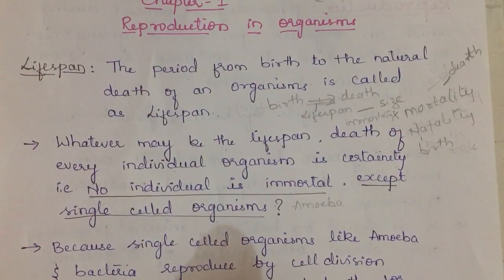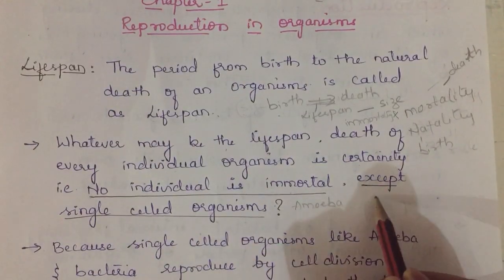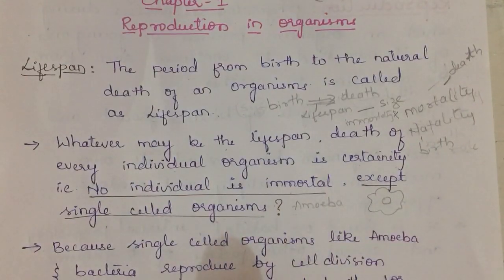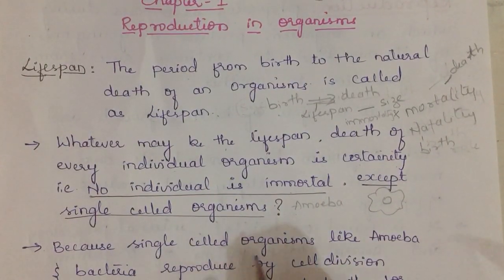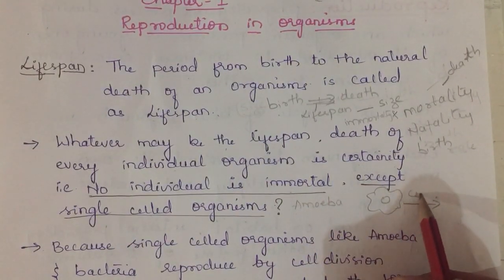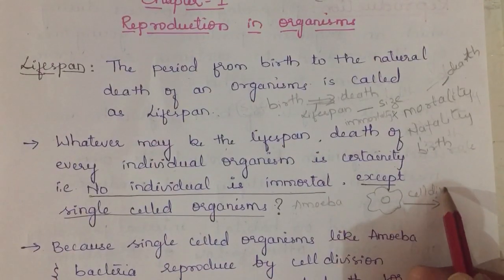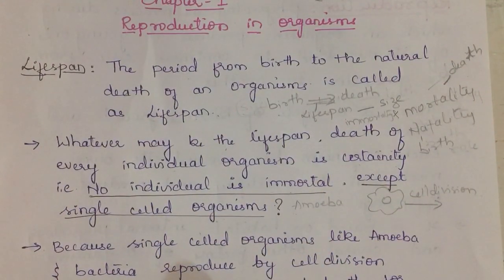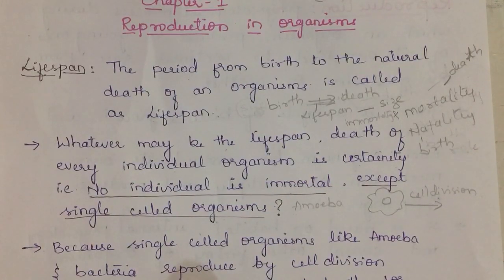In single-celled organisms, what happens? Amoeba, you are going to draw something like this. As you know, amoeba does not have a particular shape. So this is an amoeba. How will it reproduce? It will reproduce by simple cell division. Hope you remember cell division from first year, in which you discussed mitosis and meiosis.